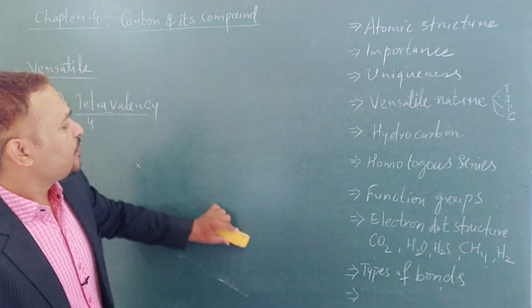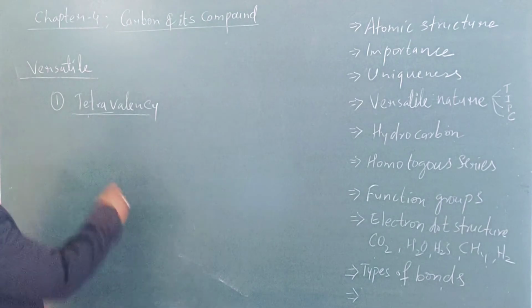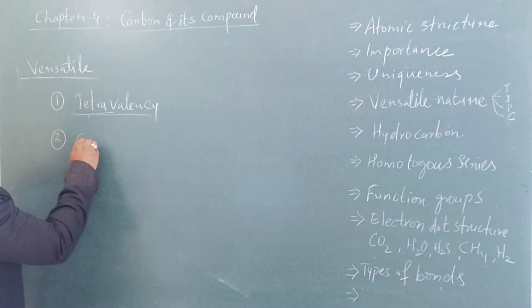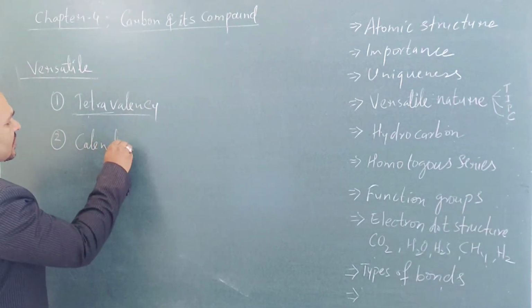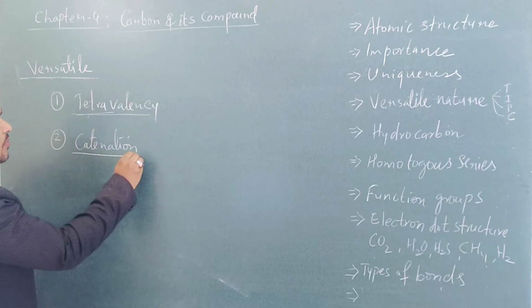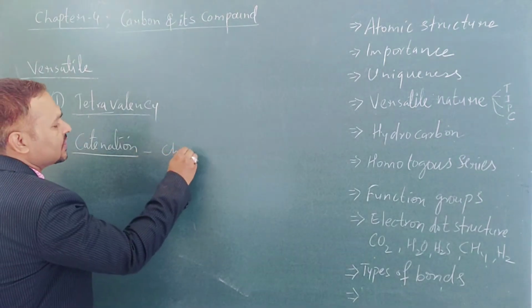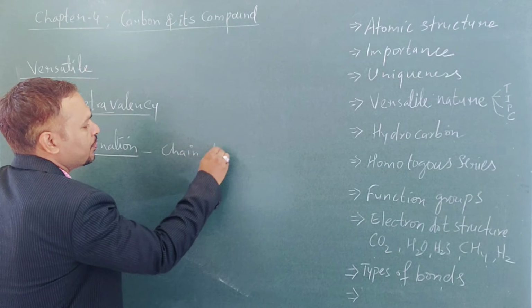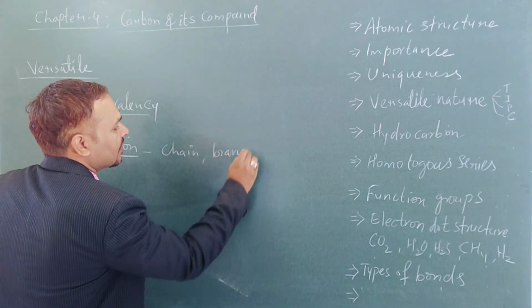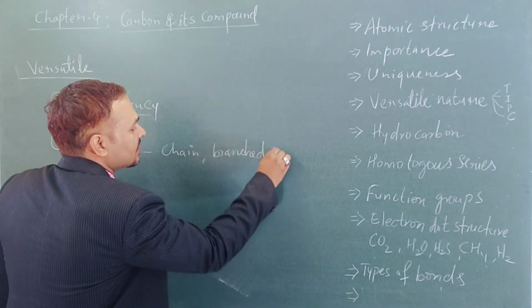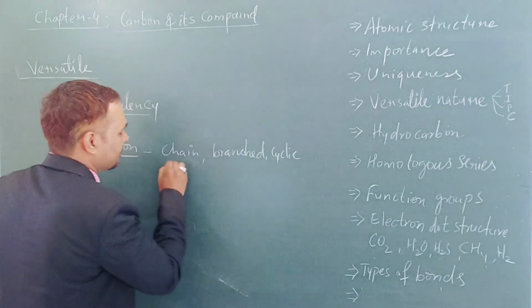Now the next main property in this category is catenation. What is catenation? Catenation means carbon can form chain, branched or cyclic compounds.